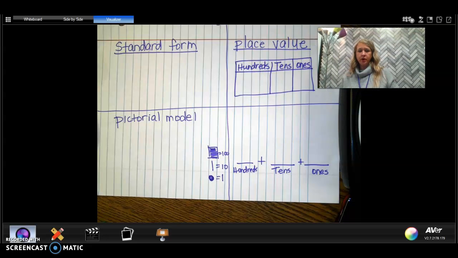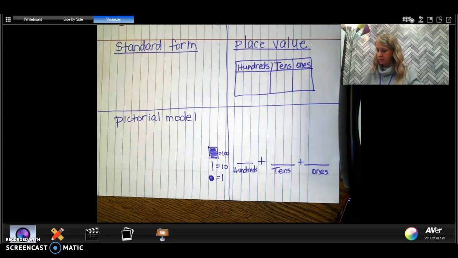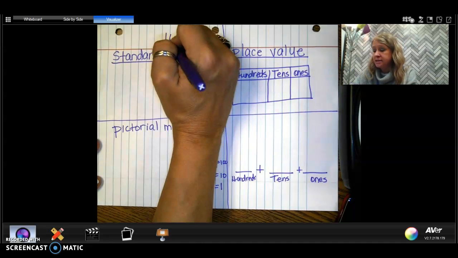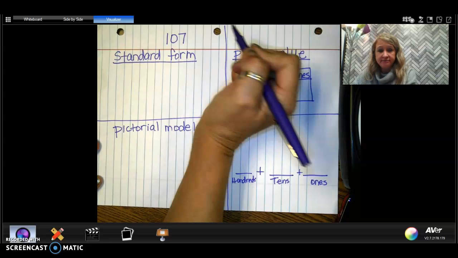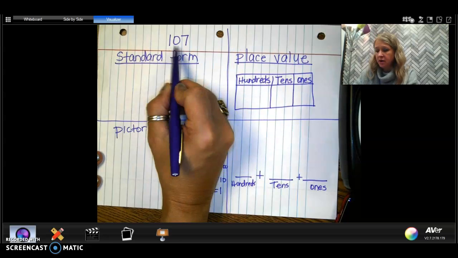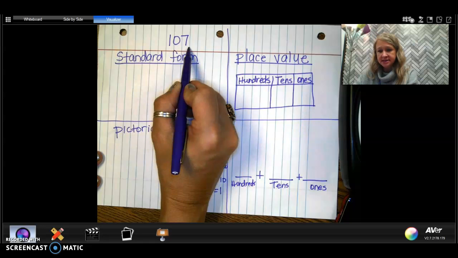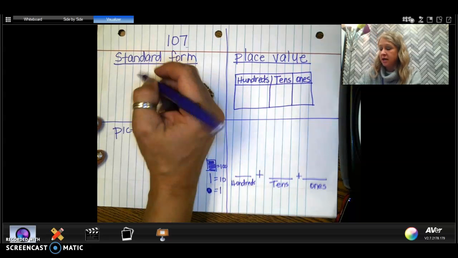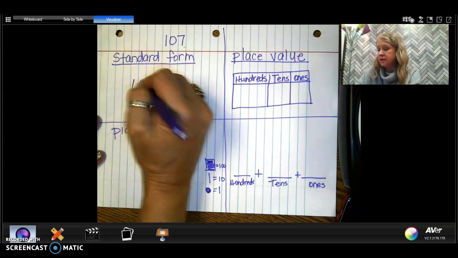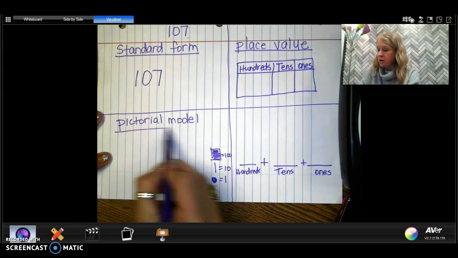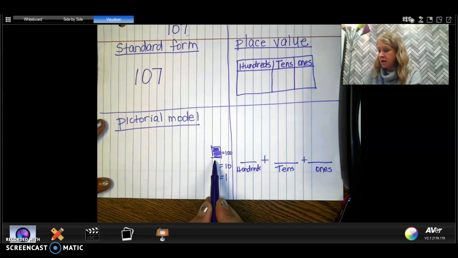Okay, so real quick, let me show you how to do one more number. So now the number that we're going to show 4 different ways is 107. Say that with me. 107. Very good. So for the standard form, I'm just writing the number 107. Okay? For the pictorial model, I'm going to draw my 100.